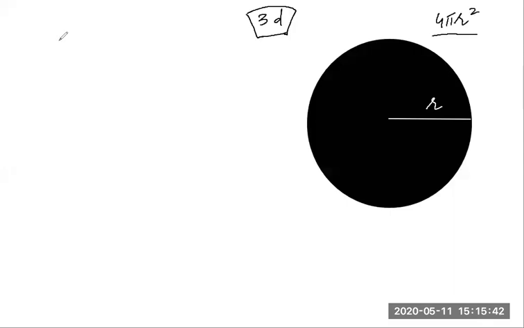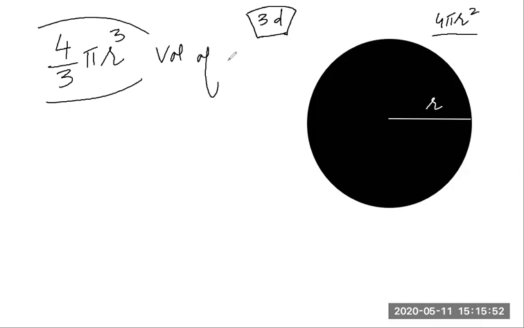Now it is 4 by 3 pi r cube. Since volume is 3D, you see r has a power 3. Pi is constant, 4 and 3 are constant. So my dimensional homogeneity is also achieved: the volume of the sphere is 4 by 3 pi r cube.